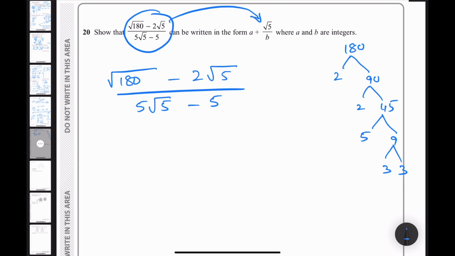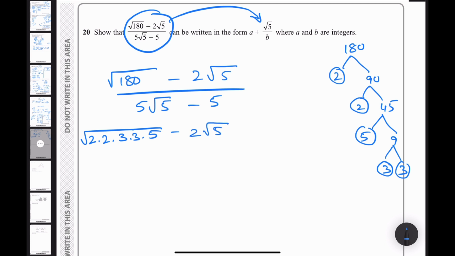So that's how we'll make the factors of 180. So 180 can be written as 2 times 2 times 3 times 3 times 5, minus 2 square root of 5 divided by 5 square root of 5 minus 5.